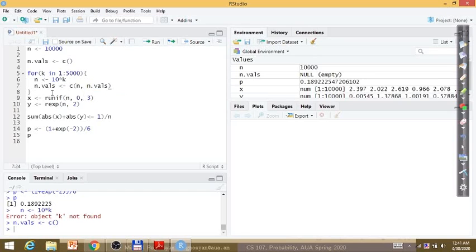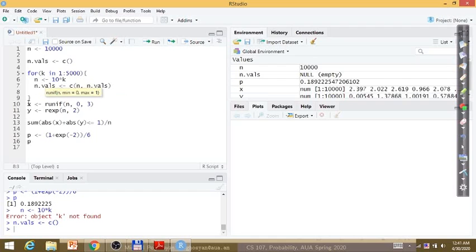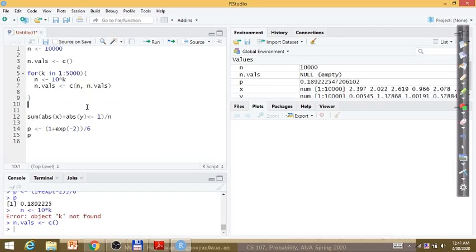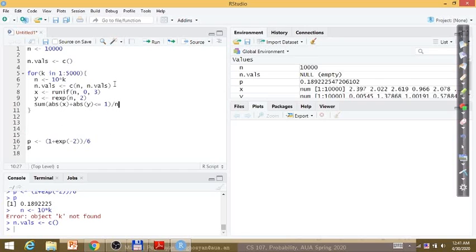Okay. Now, what next? For each n, I am generating x and y. I will calculate this probability: how many points are inside that region over the total number of points taken.